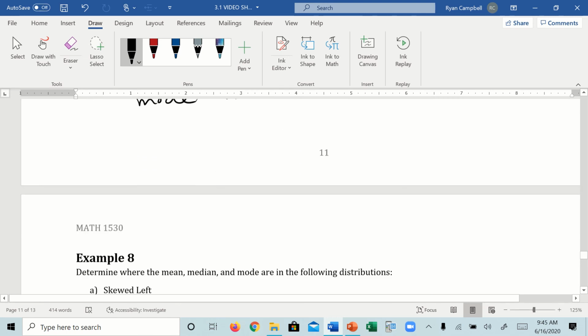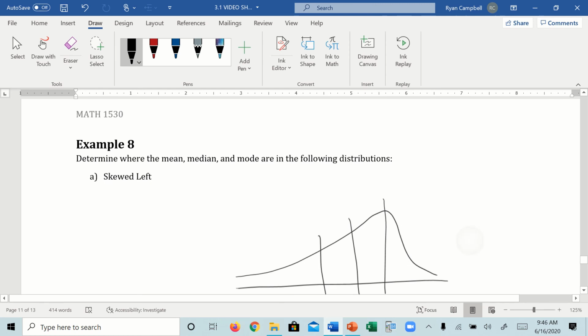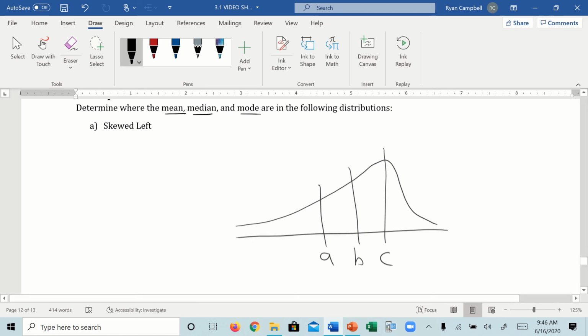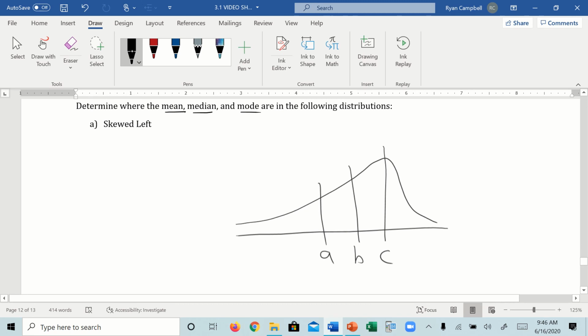All right. So given these 3 ideas, mean, median, and mode, where would they be on a left-skewed distribution? So here's a left-skewed distribution. Which one of these would be the mean, the median, and the mode? All right, so let's think about this.